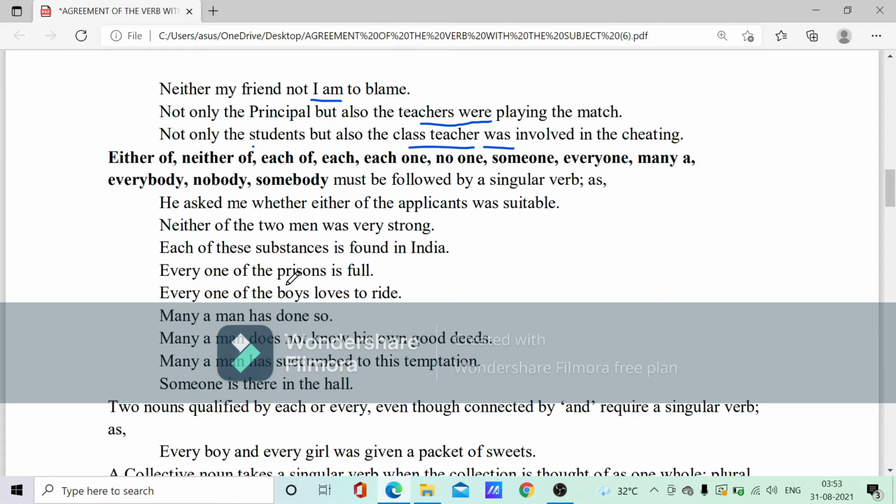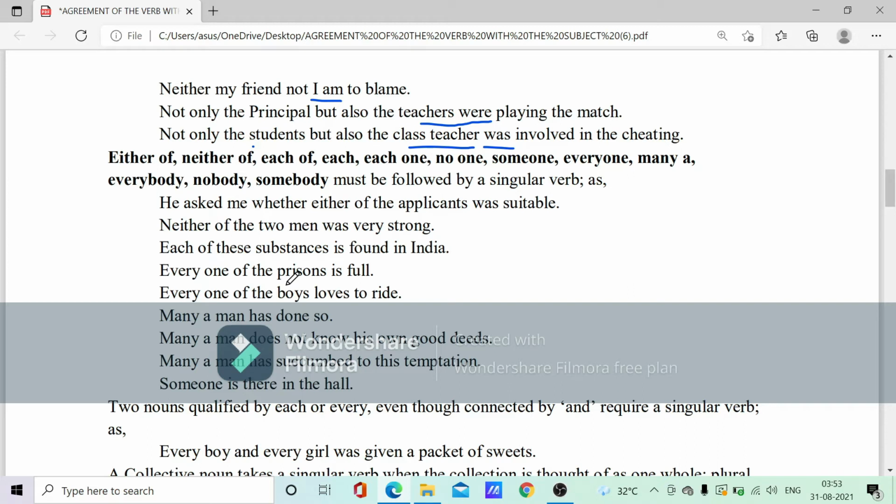In that case, what would be the meaning? That these words are just referring to a single person. Either of the boys means लड़कों में से कोई, neither of the boys means लड़कों में से कोई नहीं. That means these kinds of words are referring to a single person, they are not referring to many persons, they are not making plural subjects.